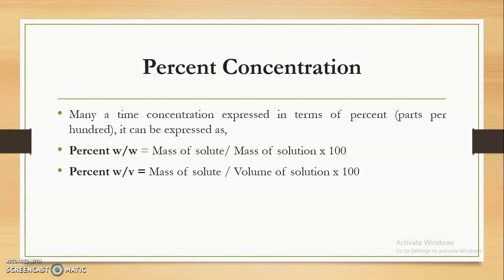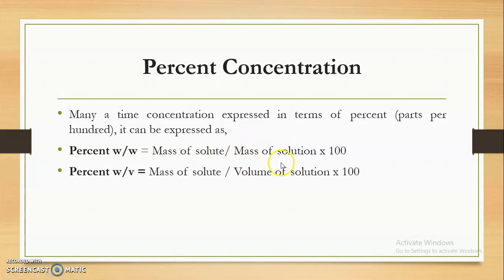Then percent weight by volume. Here you can see we have replaced this W with V. Here V represents the volume. So percent weight by volume means what? The mass of a solute, where the solute is taken in mass only, divided by the volume of solution, multiplied by 100.